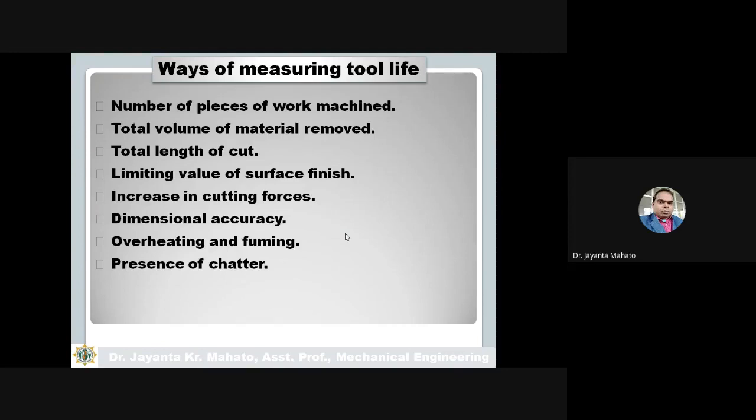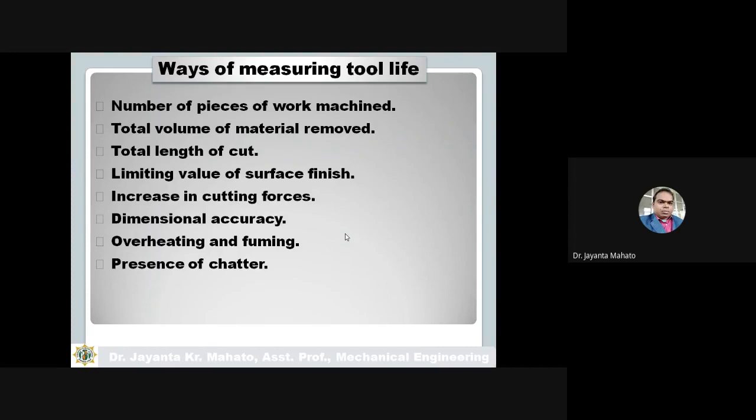Increase in cutting force means whenever the tool wears out, you get a rough surface of the edge, means the sharpness of the edge will be lost. By losing the sharpness of the edge, obviously the cutting force, the force required to cut or remove the material, will increase.